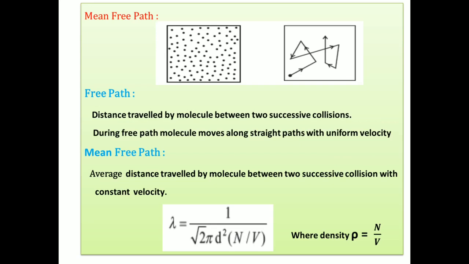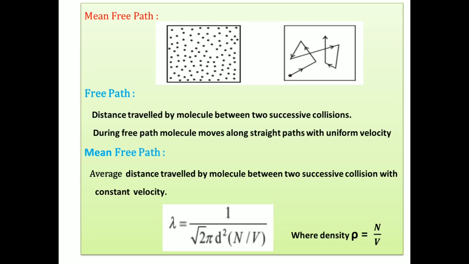Thereafter, we go through another topic, free paths and mean free path. We know molecules of gas are in continuous random motion, such as Brownian motion you have studied in 11th standard chemistry.